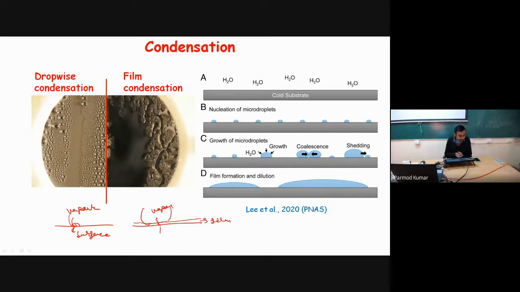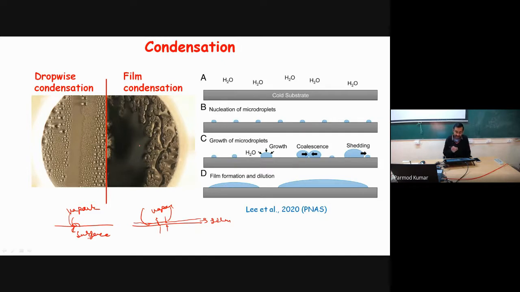So that's why drop-wise condensation, where the substance from which we want to transfer the heat is in direct contact with the surface, is called drop-wise condensation. And where we have some intermediate film, and heat has to penetrate through this thin film of liquid to reach the surface, that is called film-wise condensation.